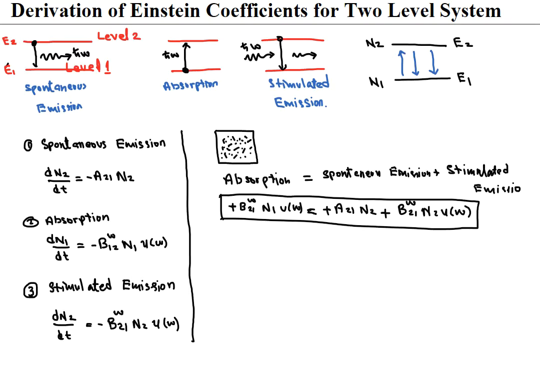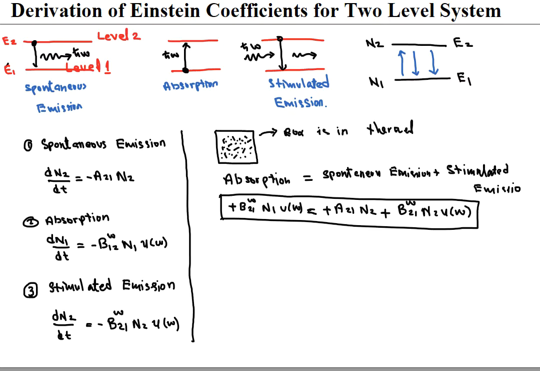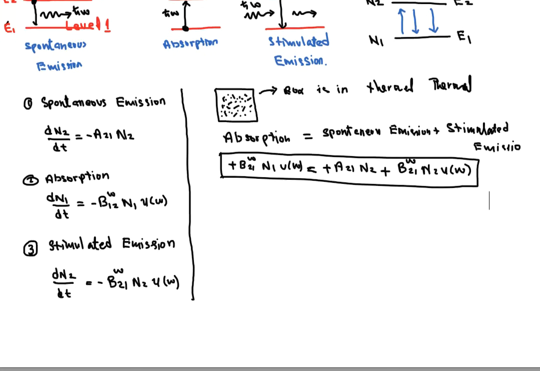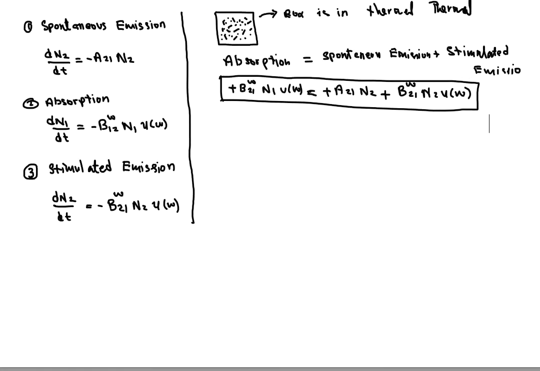Since we are saying that this box is in thermal equilibrium after some time, we are actually entering the domain of thermal and statistical physics, and in statistical physics we have two very famous phenomena.